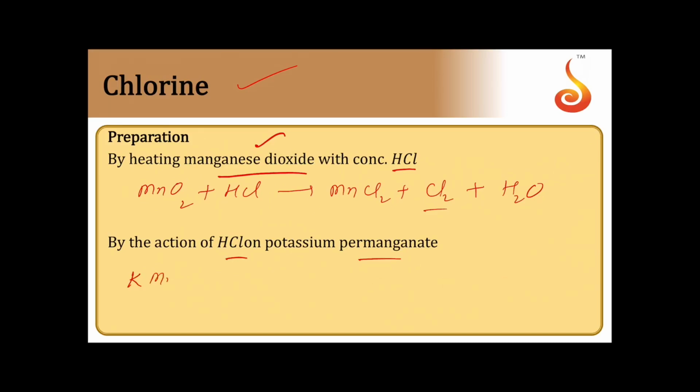KMnO4 plus HCl also gives chlorine gas, along with KCl, MnCl2, Cl2 and H2O. So the action of HCl on manganese dioxide and on potassium permanganate both give us chlorine gas.